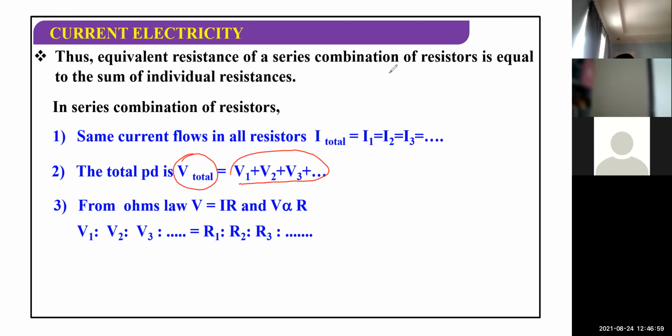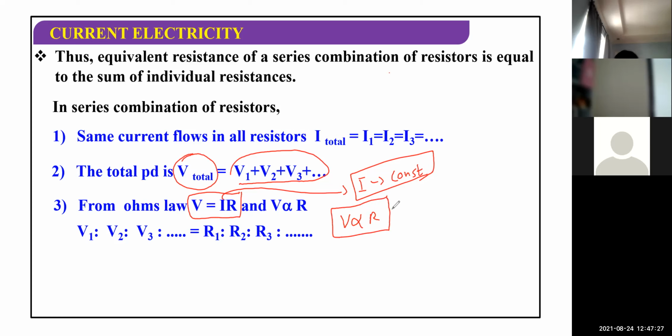The third point is a very important point, children. From Ohm's law, we know that V equal to IR. Here in series combination, I is the same, so I can take I as constant. The same current passes through each resistor or each component. So I can write that voltage is directly proportional to resistance, by keeping the current constant.